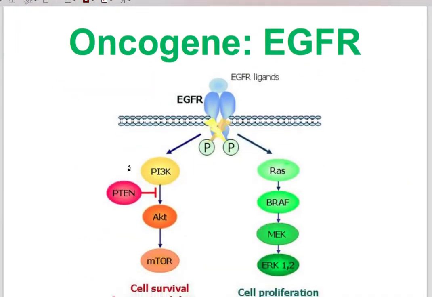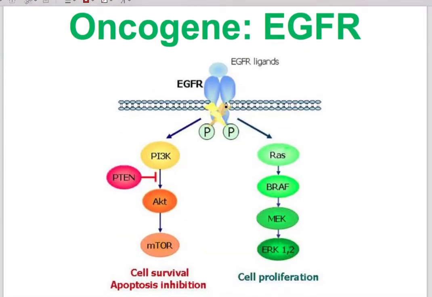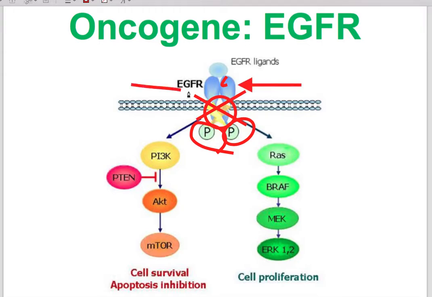An example of a Go gene mutation is EGFR. There's a mutation in this region of the protein. Remember, this is a receptor tyrosine kinase. See how it comes together right here, and it gets phosphorylated here and here? Perfect, right? If you get a mutation here, these tyrosine kinases just come together all the time, and they never unbind.